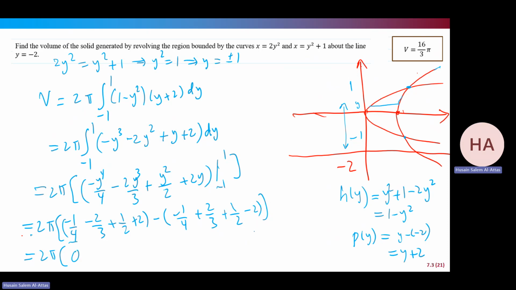That will be 0. Minus 2 over 3 minus 2 over 3. That will be minus 4 over 3. Half minus half, that will be 0 also. 2 minus minus 2, that will be plus 4. That will be 2π times 4 minus 4 over 3, which is 2π times 12 minus 4, 8 over 3, which is 16π over 3.